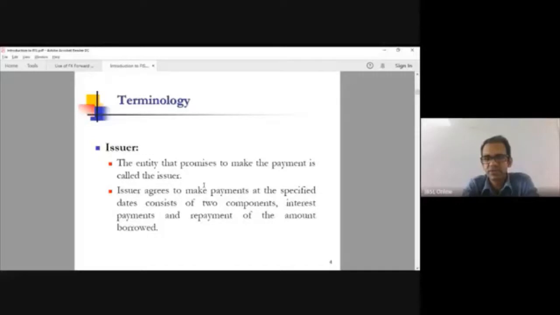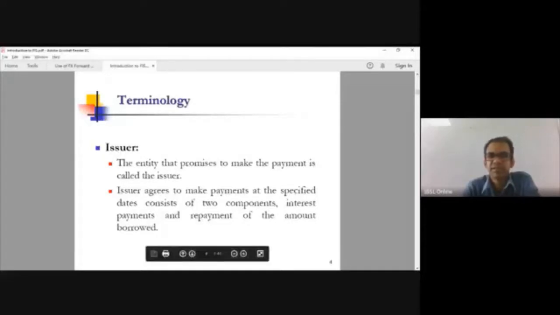Basically, most of the cash flows are interest payments. At the end only, the borrower agrees to pay the borrowed or the agreed amount. We cannot say it's the borrowed amount, but the agreed principal amount. So that's why it says payments at the specified dates consist of two components: interest payments and repayment of the amount borrowed.